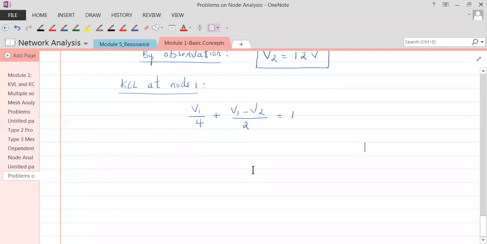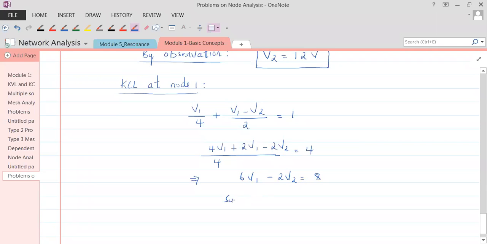If we take 4 as the LCM, it would be 4V1 plus 2V1 minus 2V2 equal to 4. This further implies 6V1 minus 2V2 equal to 8.